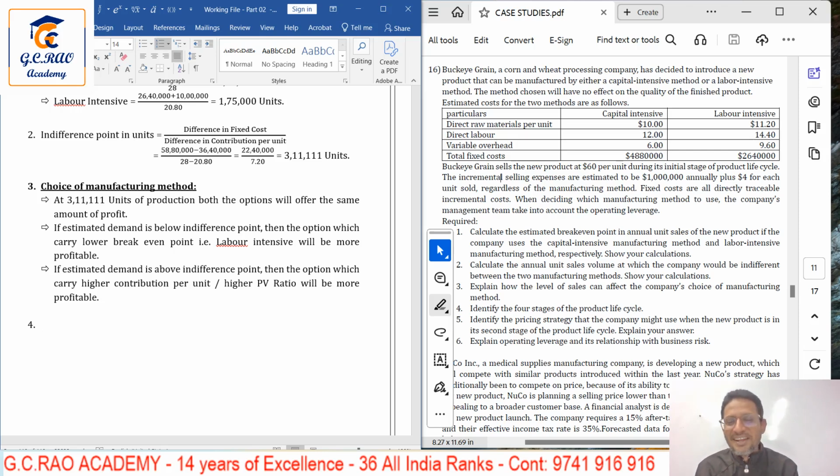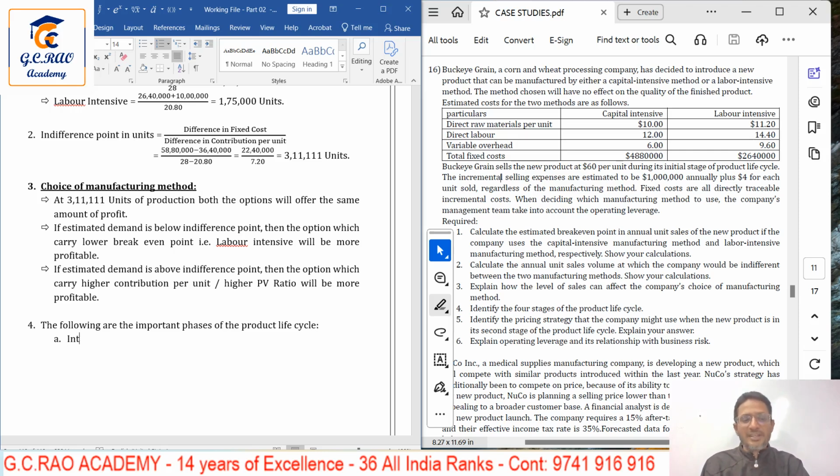Life cycle. Identify the 4 stages of product life cycle. So record: the following are the important phases of the product life cycle. Below that, list down one by one.